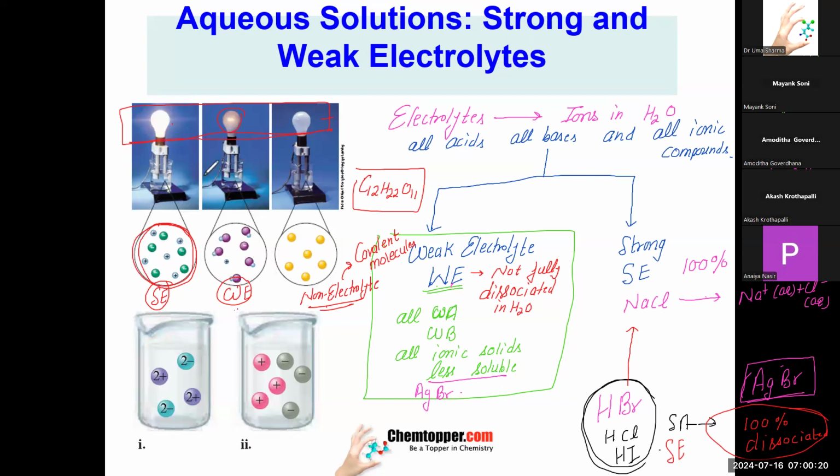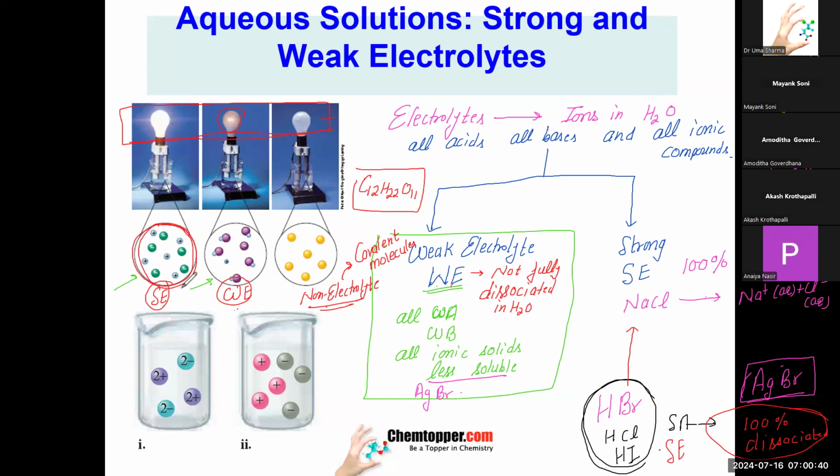If you have free moving charged ions, like in strong electrolyte, there are plenty of them. Weak electrolyte, some of them. So more moving charged ions, more better conductor of electricity. Akash, you're right. But why Mayank is wrong? Yes, anyone?